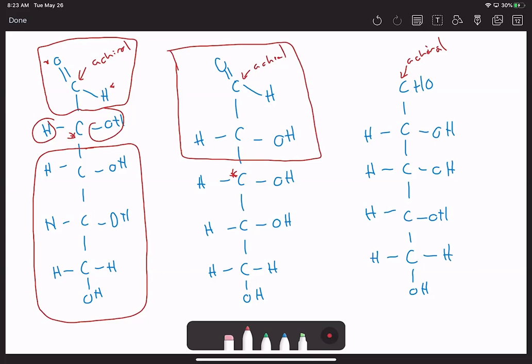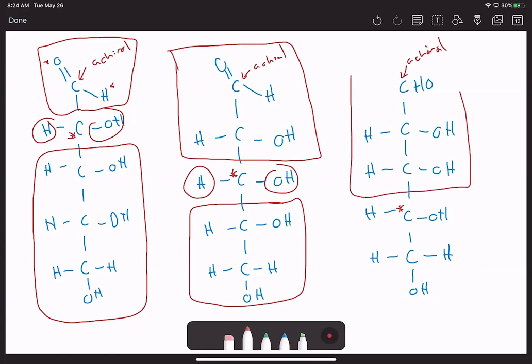Good morning. All right, so there we have that thing there, this thing, and then we have this thing. So again, we have another chiral carbon. Let's go to the next one. I'm going to circle everything that's attached. I have this thing, and I have this thing.